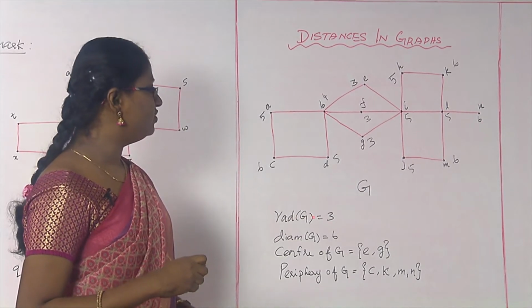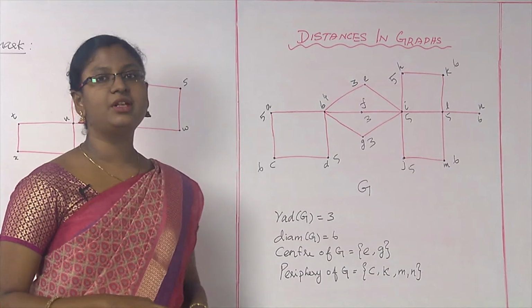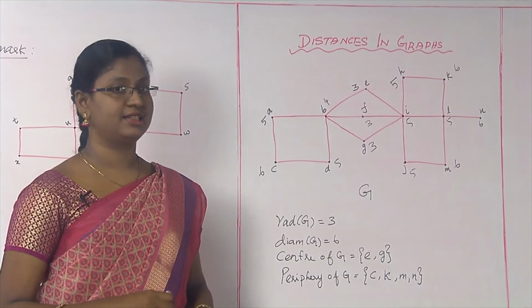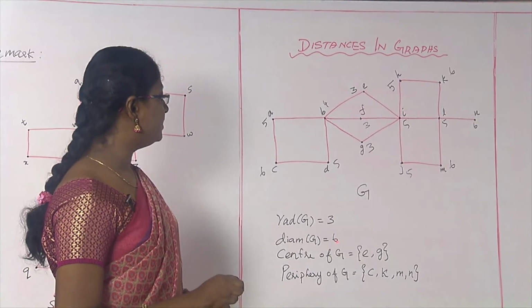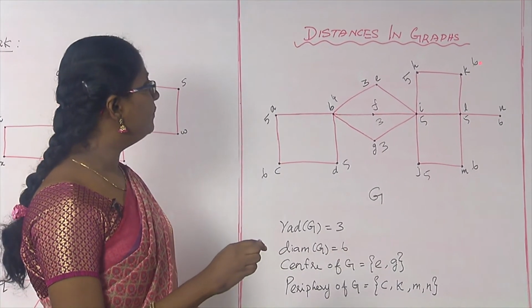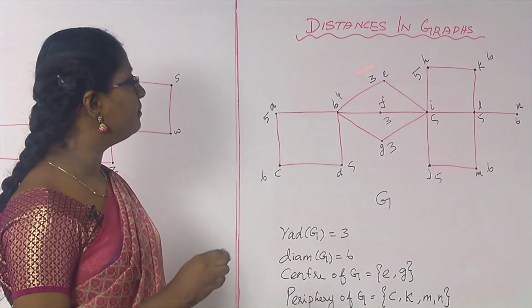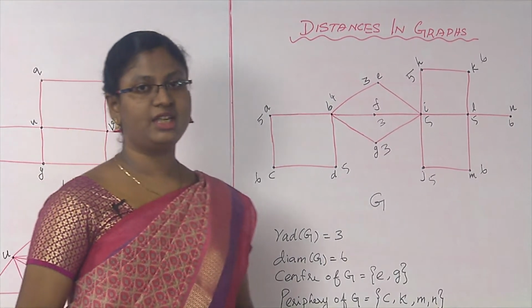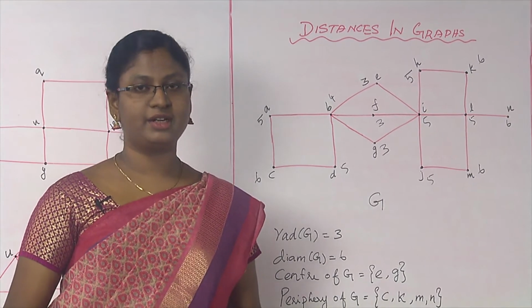So, the radius of G is 3, and the diameter of G, according to the definition, is the maximum eccentricity. The maximum eccentricity is 6, you can see here 6 is the maximum. So, the diameter is 6.